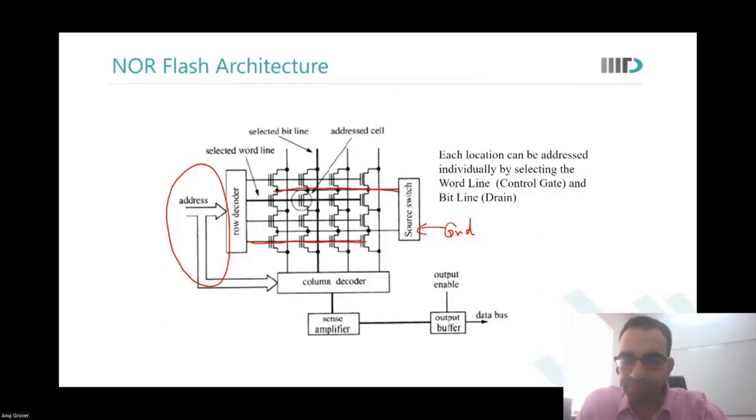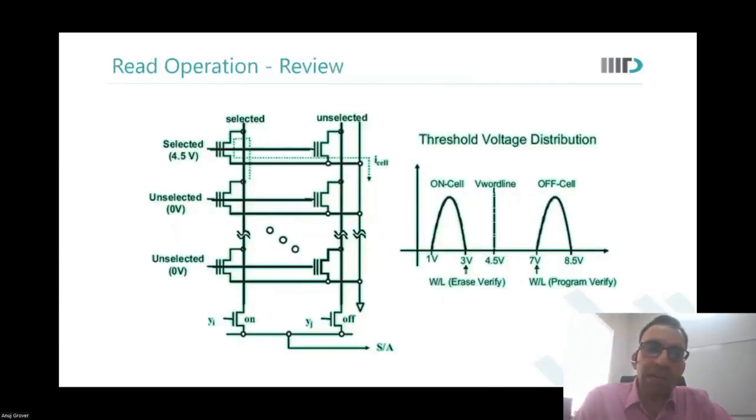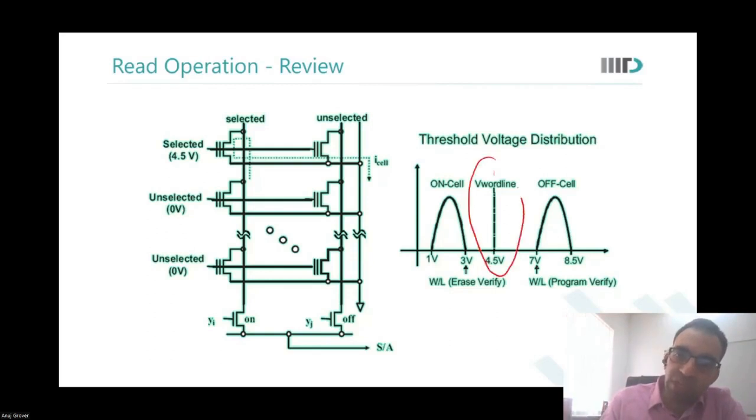Okay. So when we have this NOR flash, what is being done to do the read operation? We just take the word line to a level which is between the VT of, say, 0 and 1.